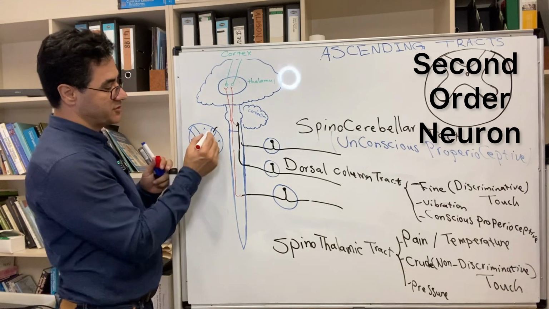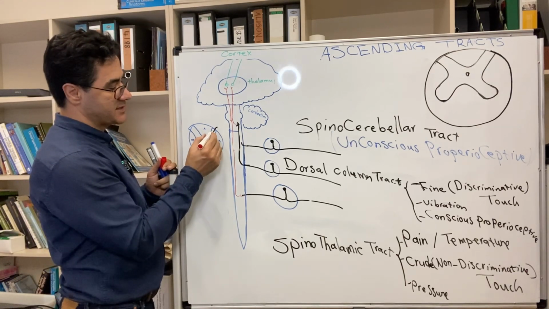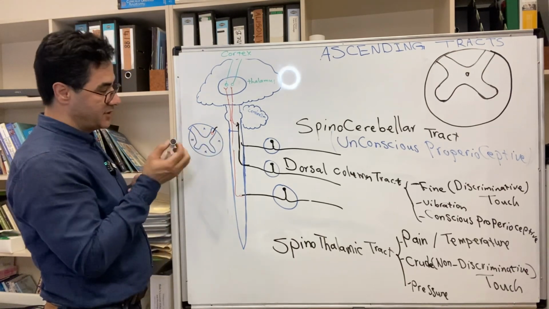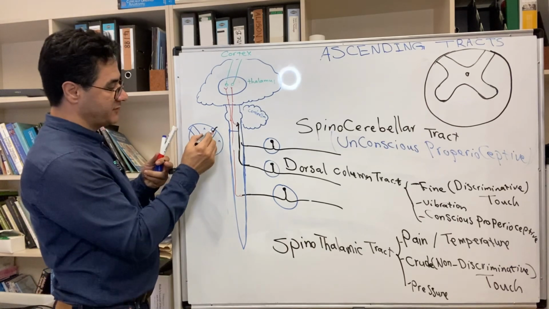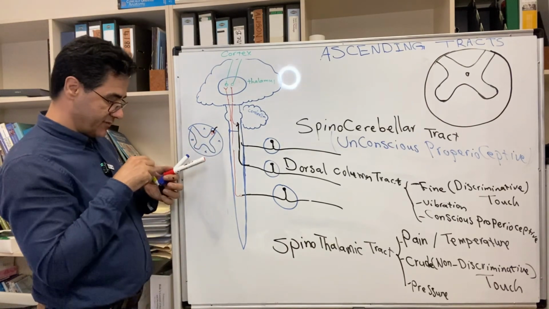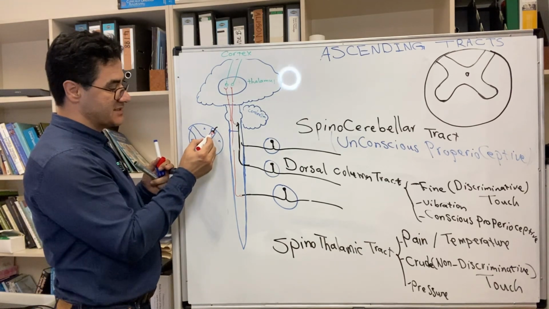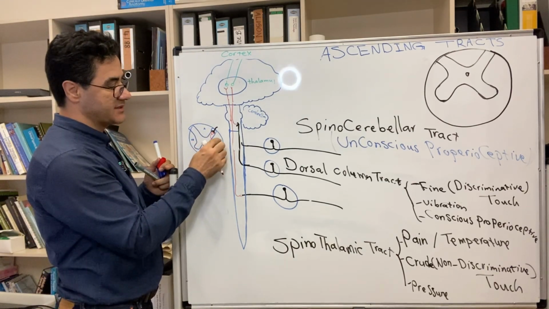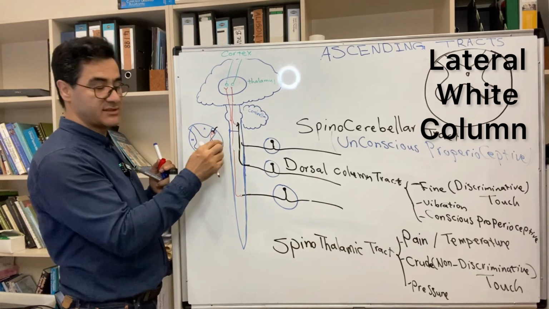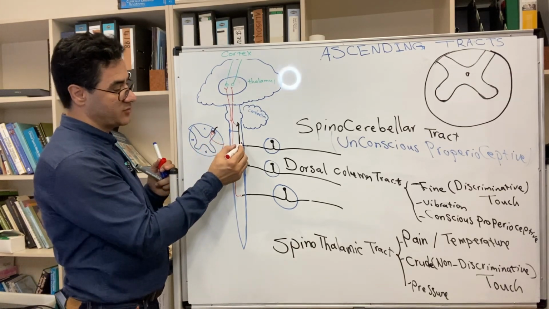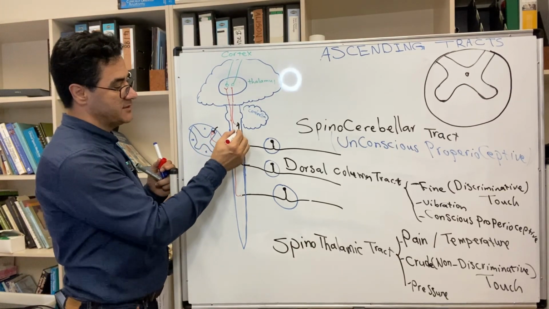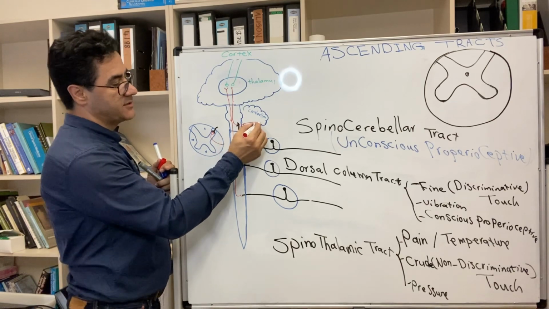The second order neuron is here, the cell body of the second order neuron. So what will happen to the axon of this second order neuron? There is no decussation. The axon lands here, the lateral column, and runs all the way up like this, and ends up at the cerebellum.